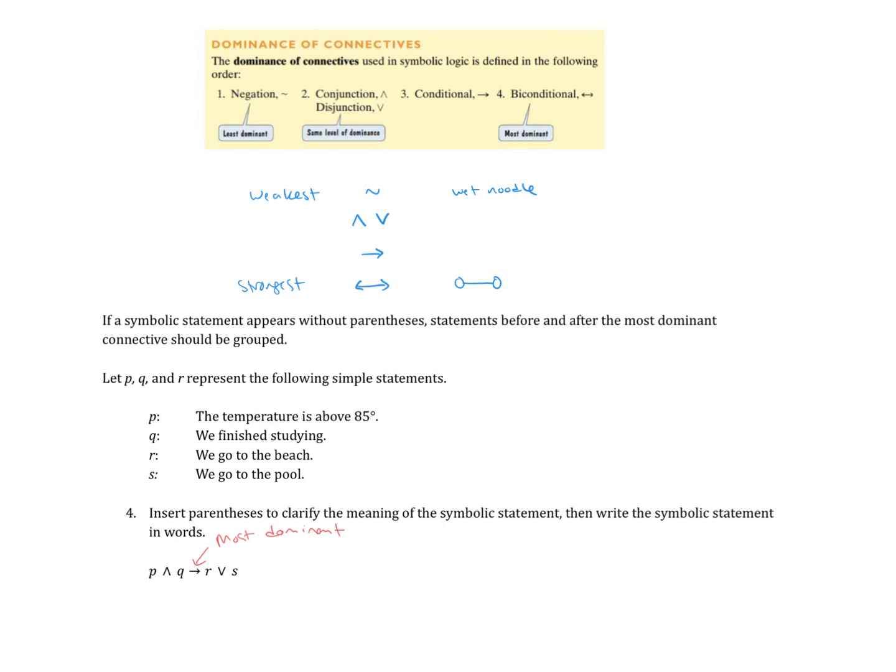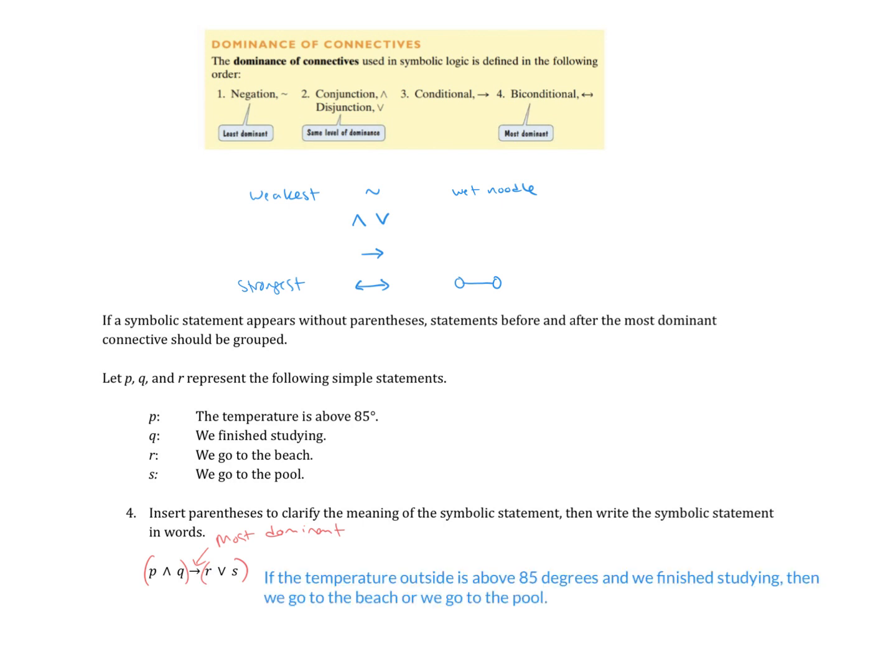And so what I'm going to do is I'm going to put parentheses before it and after it. So I group before and after the most dominant connective. Just like with the comma, we grouped before and after a comma, we can also group before and after the most dominant connective. And now we're going to translate this symbolic statement to words. Try pausing the video and doing it on your own, and then we'll do it together.